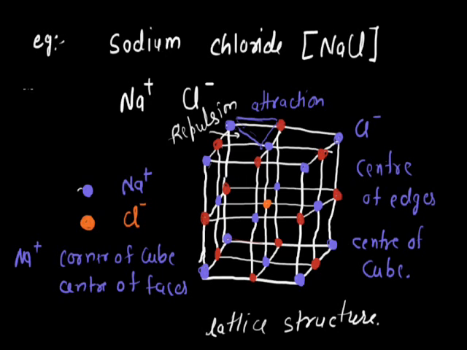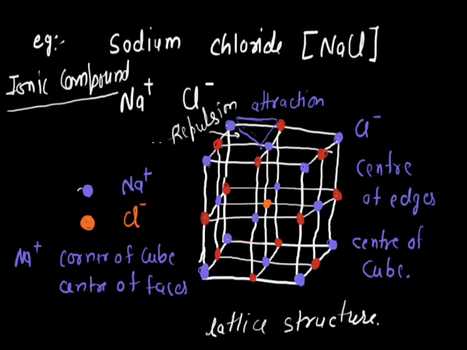Now we will discuss the formula unit of this NaCl compound. As we know, sodium chloride is an ionic compound because it is made up of ions, not of molecules. So we can say that NaCl doesn't have any molecules because it is an ionic compound and consists of ions.